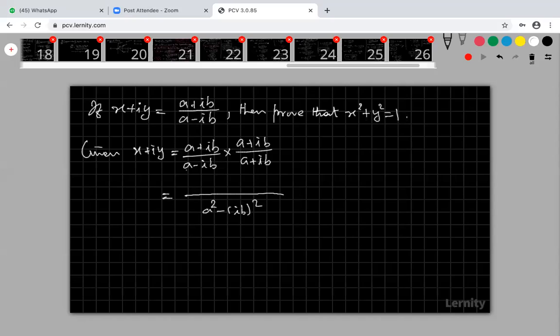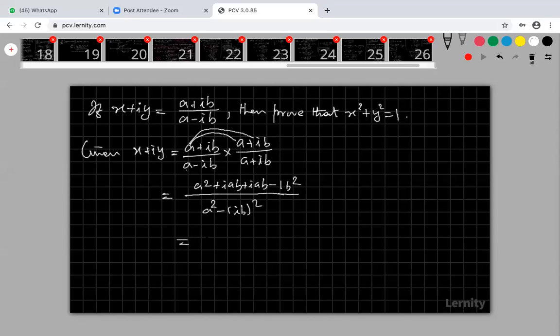Now you just multiply here. The numerator is (a plus ib) the whole square, or otherwise you can multiply a square. That is also correct. This is plus i into ab, and multiply these two plus i into ab, and this is i square minus 1 into b square.